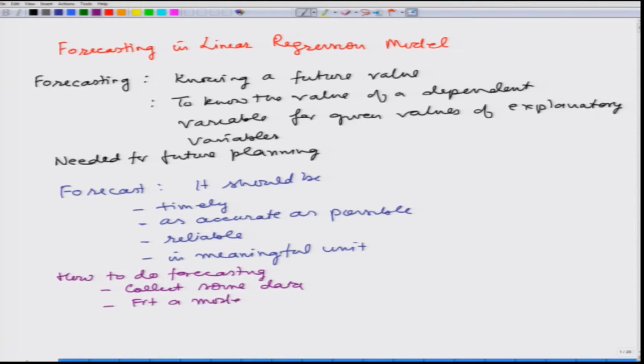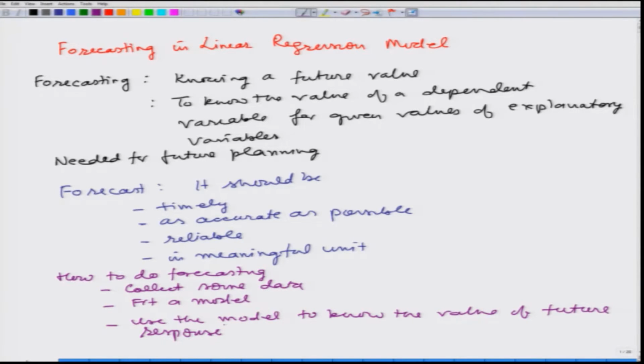For example, we have learned how to fit a model using linear regression analysis, and use this model that you have obtained to know the value of a future response.